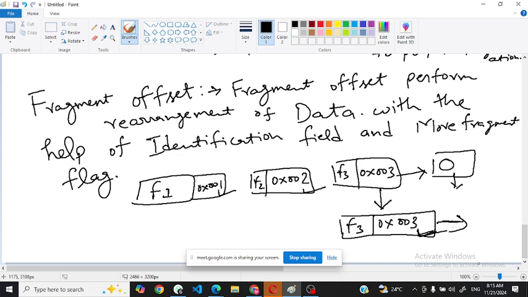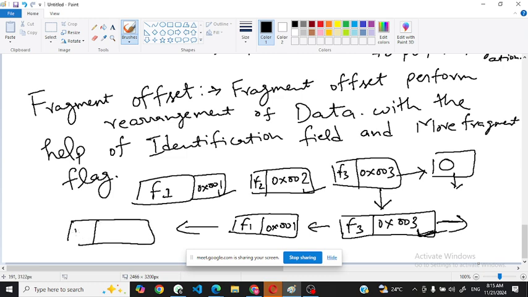Okay. Suppose that after that the receiver is receiving F1, 0x001, and lastly it is receiving F2, 0x002.